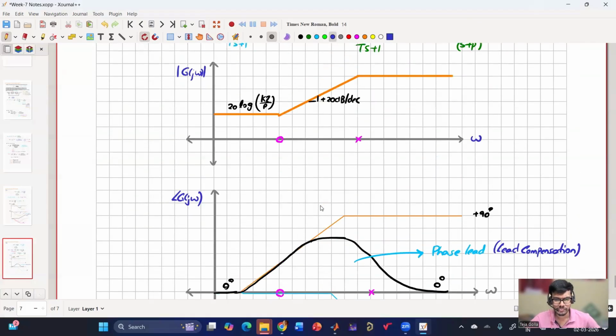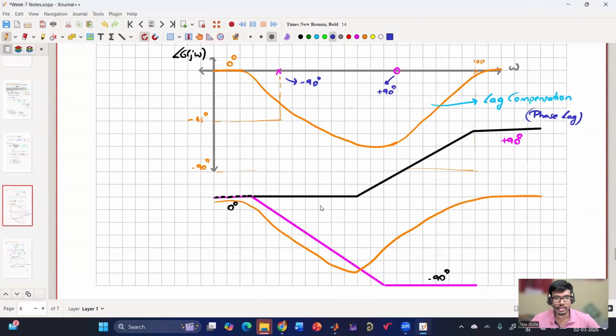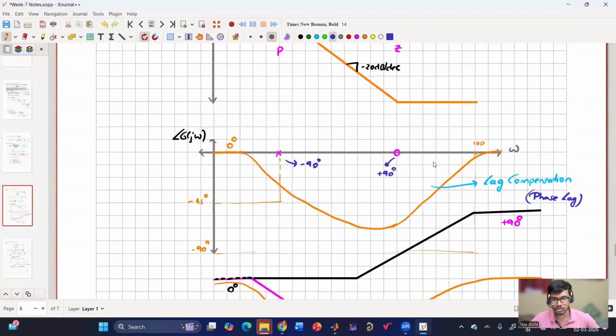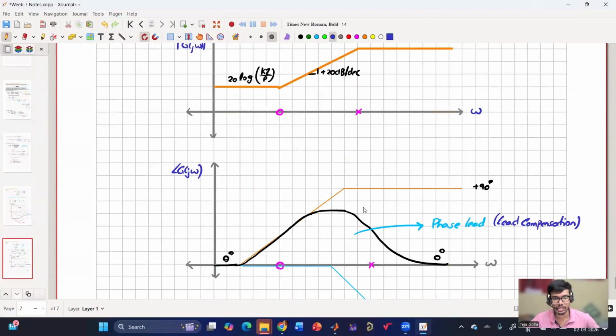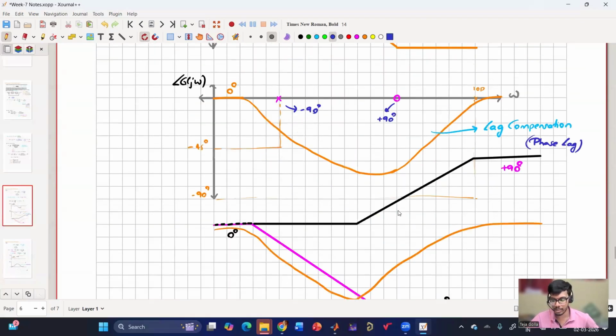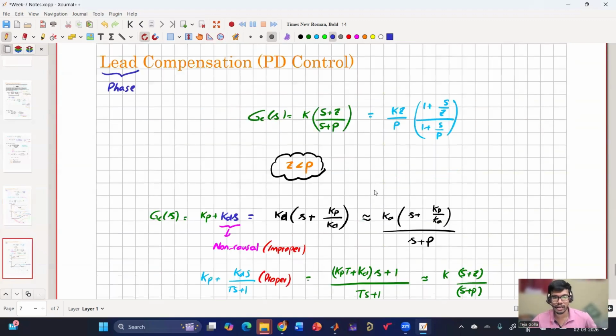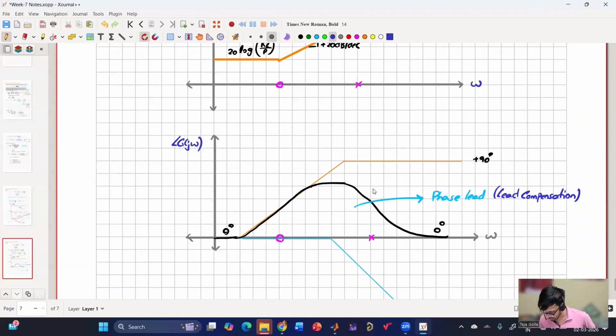That's why we call this lag compensation because of the phase lag, and this lead compensation because of the phase lead. So here we'll have a phase minima, and here we'll have a phase maxima, which is always in between the 0 and the pole.